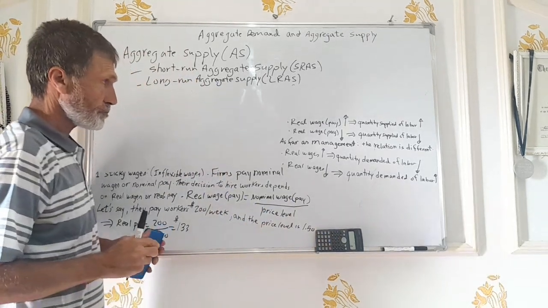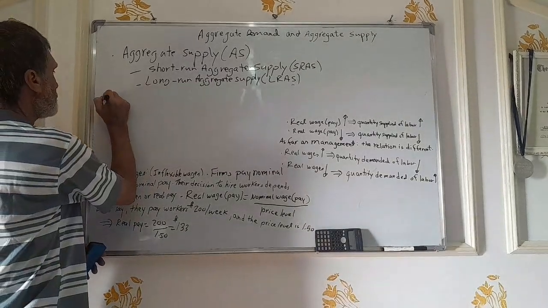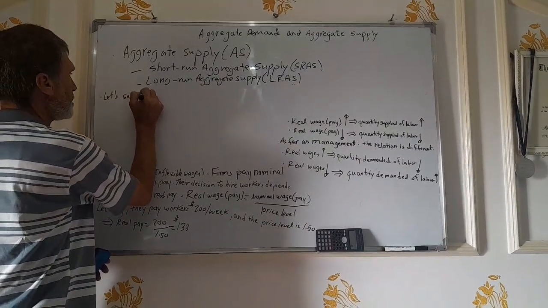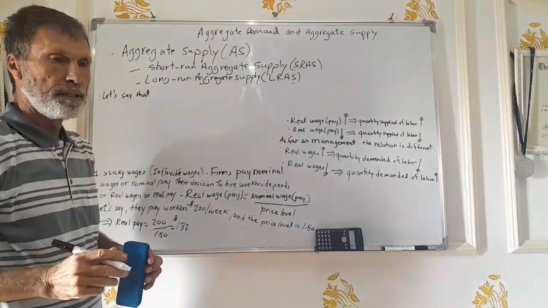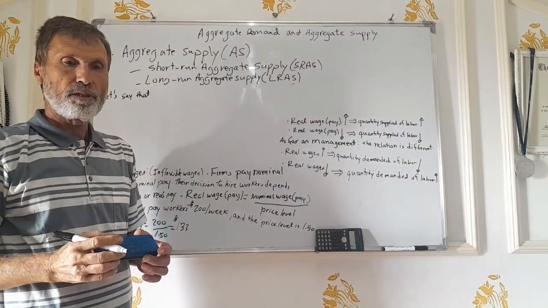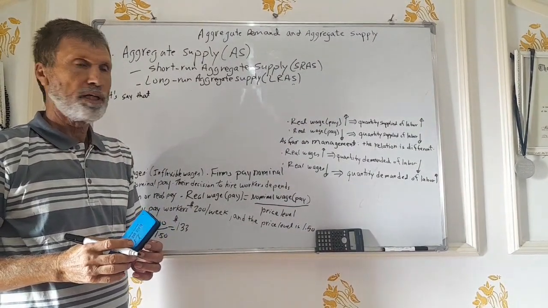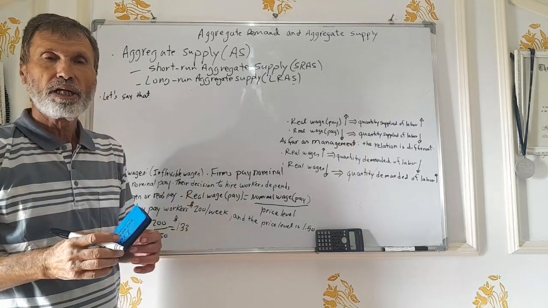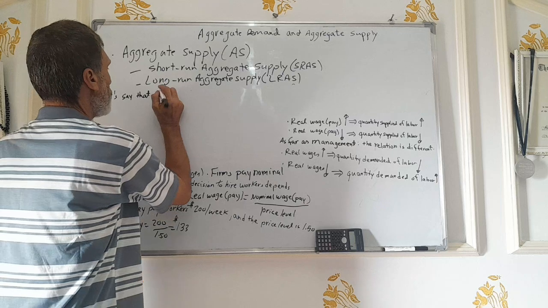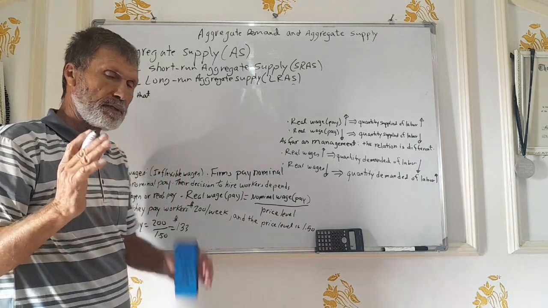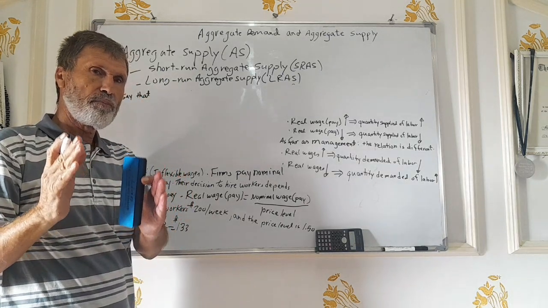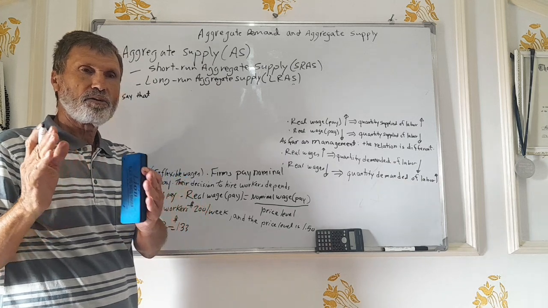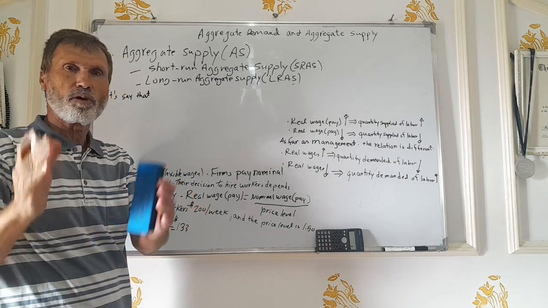Now, let's say that firms pay $200 per week to hire workers. Say that when firms pay $200 per week, they hire, let's say, 200 workers.